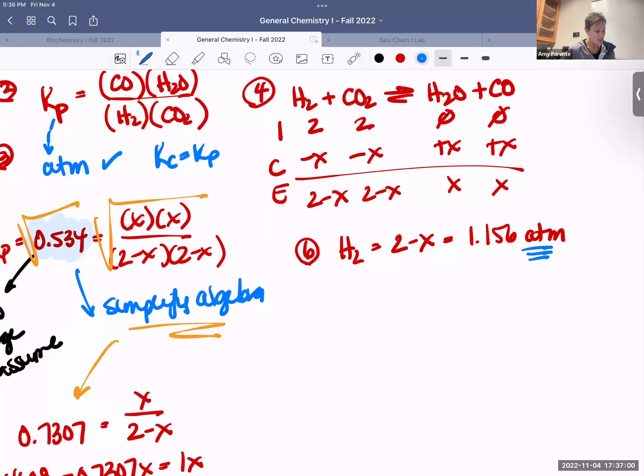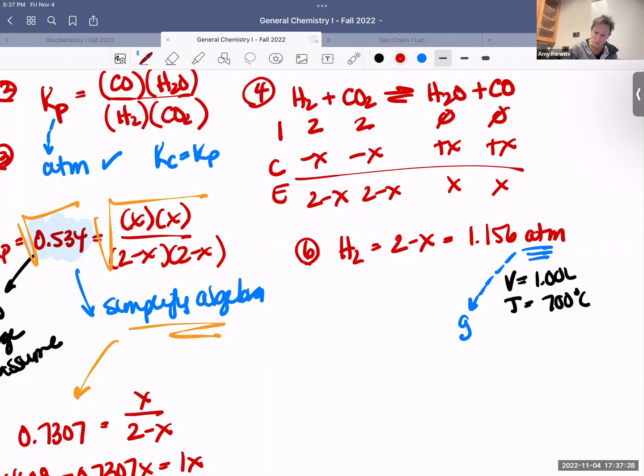Okay, this asks for how many grams. Do we know a way to take the amount of gas as atmosphere and convert it into grams? Let's say if you knew the volume of the gas, which was, what did they tell us? A 1 liter container, and the temperature of the gas, which was 700 degrees C.